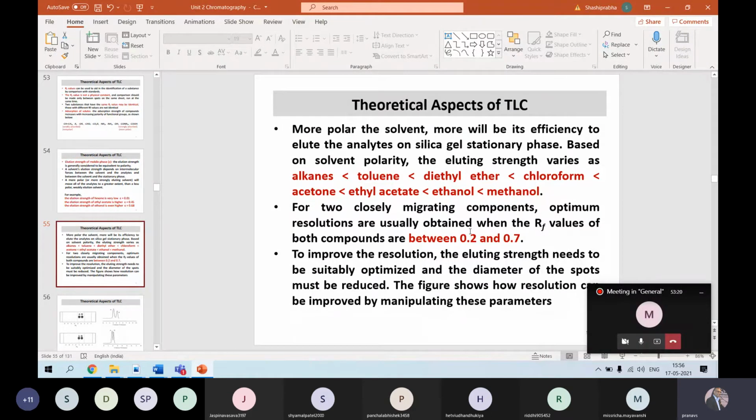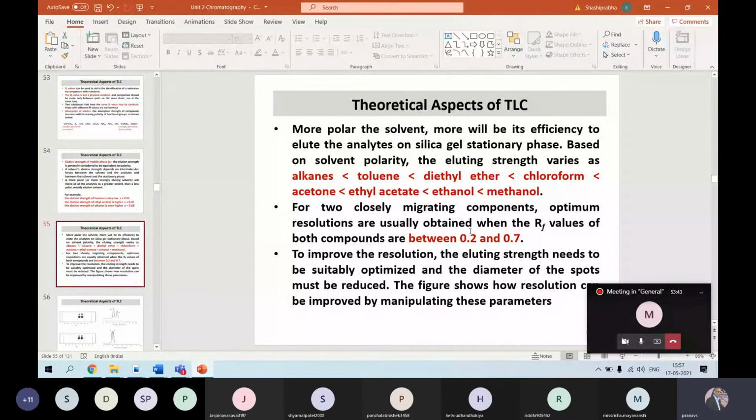and separation in TLC. The RF values, we all know, can never be greater than 1, because that is the solvent front. It will always be less than 1, because it is the distance traveled by the analyte divided by the distance traveled by the solvent, or the mobile phase. So naturally it will not be more than 1.